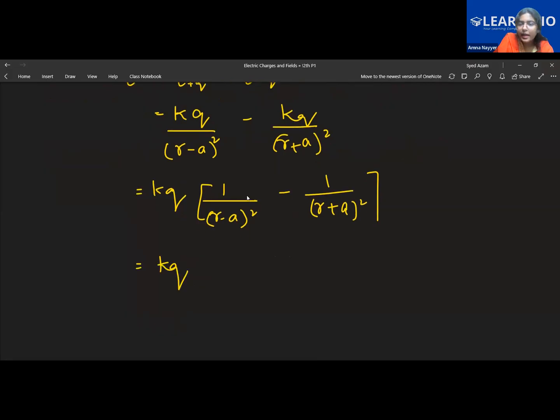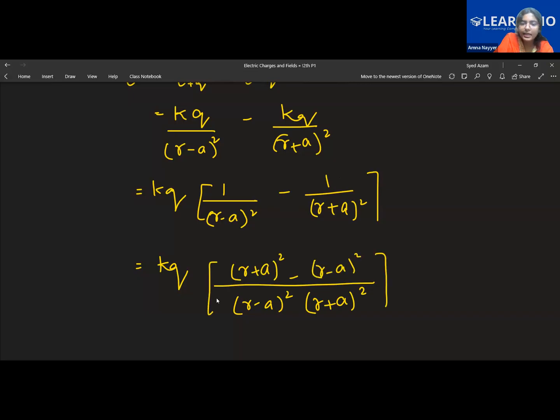These are the two brackets. So if we take the LCM, it will be (r minus a) square into (r plus a) square. This side we have to multiply with (r plus a) square, minus this side we have to multiply with (r minus a) whole square.